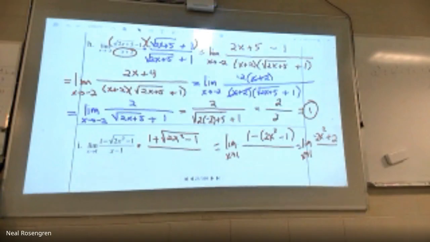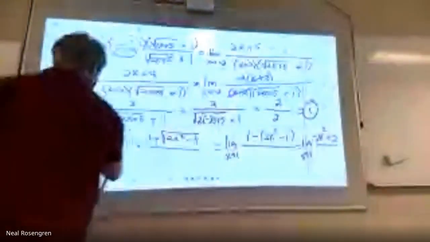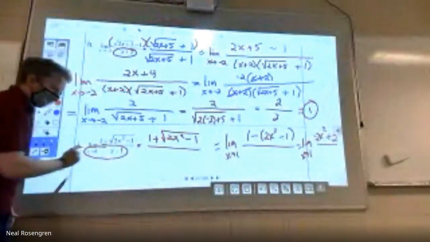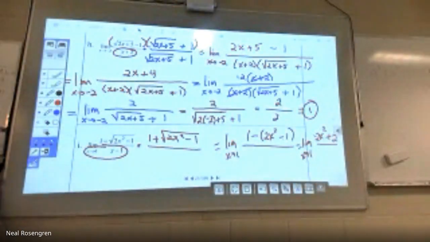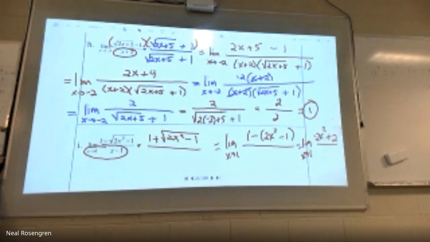Because I know what I'm looking for. And this is so important for you to remember. If you're going towards 1, the problem's right there with x minus 1. So I want to divide that away, which means I have to find that factor somewhere. I plug in 1, 0 over 0. Okay, cool. It's got to be there.